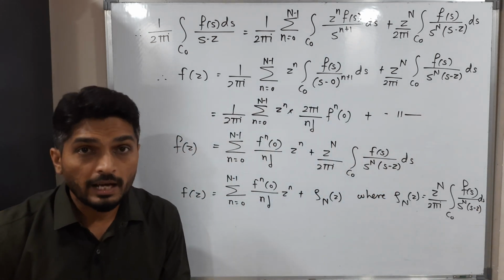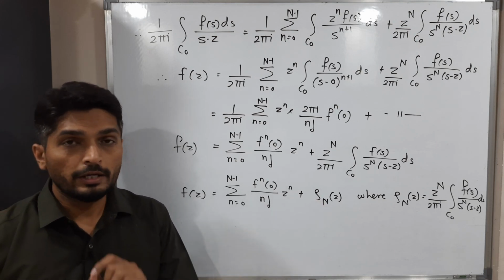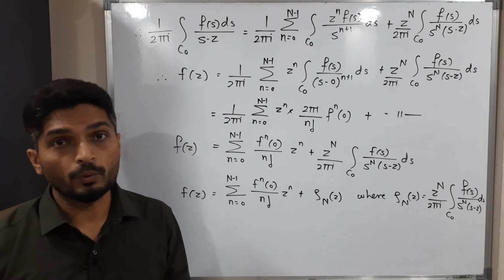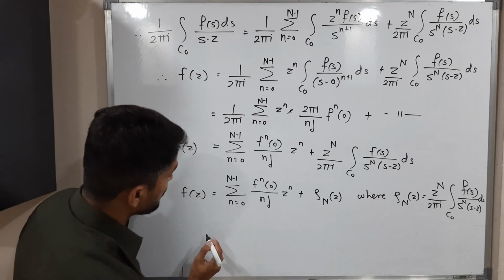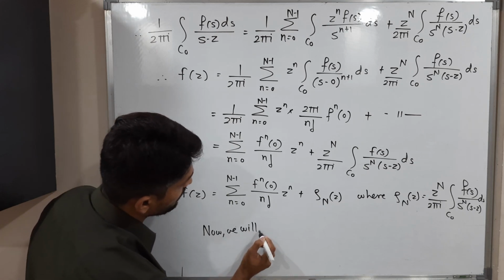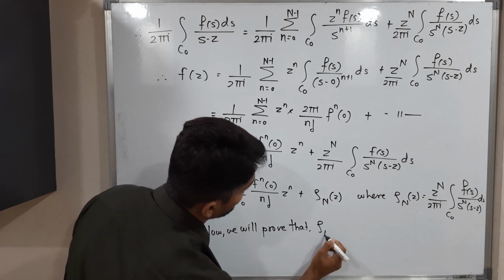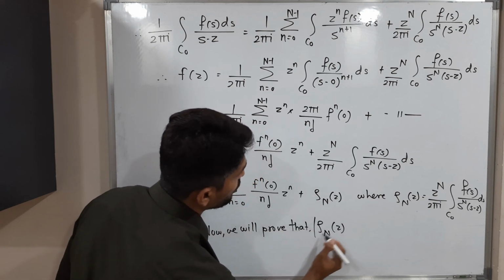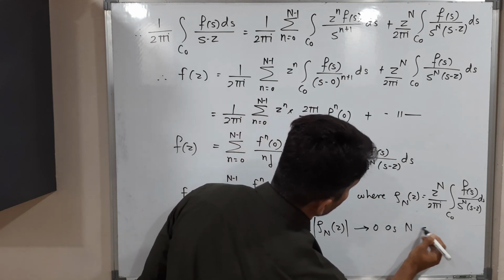Now our target is to prove that rho n of z, which we can call the remainder, will converge to 0 as n tends to infinity. So let me mention, now we will prove that mod rho n of z will go to 0 as n tends to infinity.